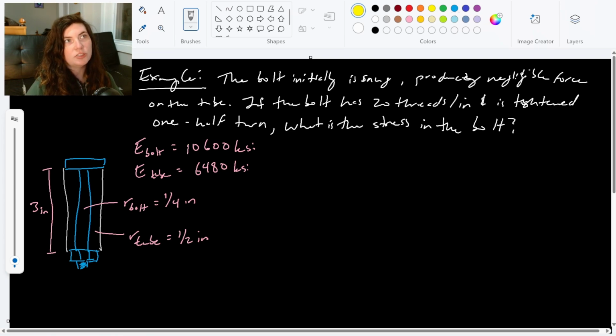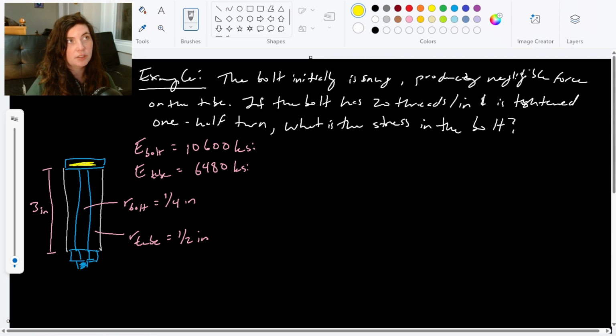So it gives us the modulus of elasticity for this bolt and the tubing, as well as the radii for both of those things. It's a little bit tough maybe to draw this free body diagram if you're just looking at this, right? There's no applied force here. It's kind of an internal force acting on the cap of this bolt.